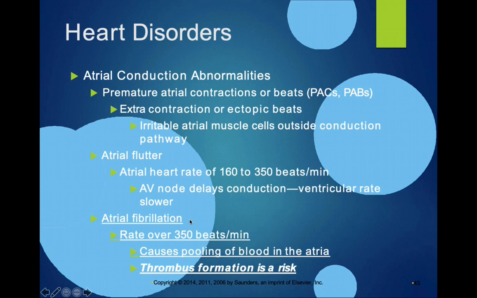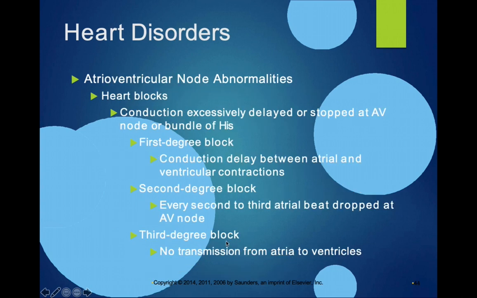AFib is atrial fibrillation. This is when the rate is over 350 beats per minute. It causes pooling of blood in the atria, and you're at risk for thrombus formation, because you have pooling of blood in those chambers.